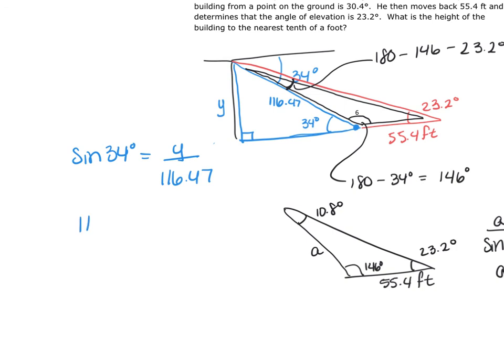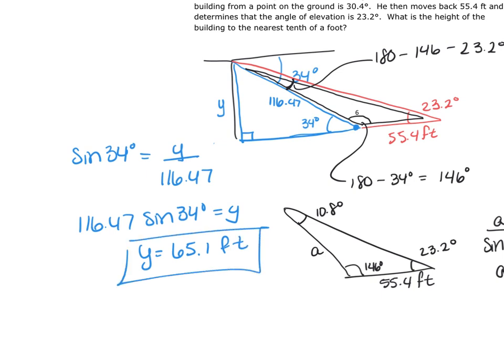So 116.47 times the sine of 34 degrees is my y value. And that is going to give me y is equal to 65.1 feet, to the nearest tenth of a foot. And that is my final answer.